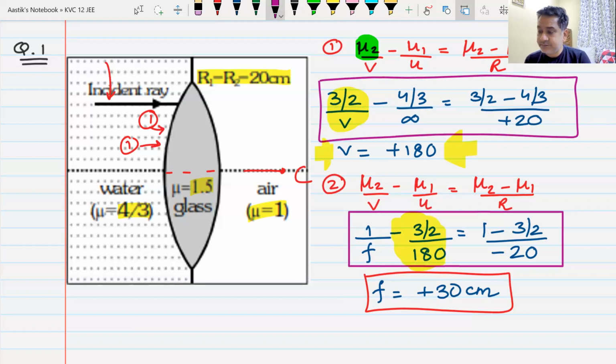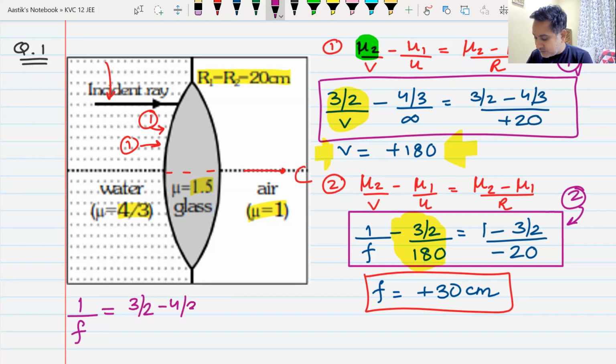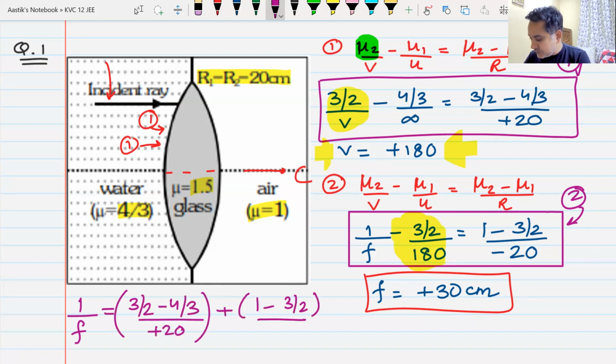What I could have done is, if I call this equation number 1, and this equation number 2, and if I would have added them together, what would have happened then? 1 by f will simply come as (3 by 2 minus 4 by 3) divided by 20 plus (1 minus 3 by 2) divided by minus 20.